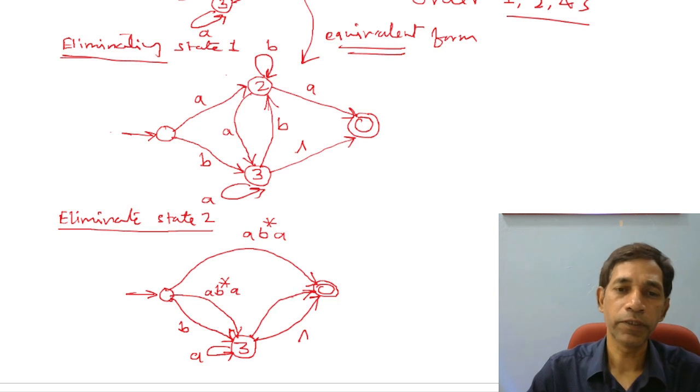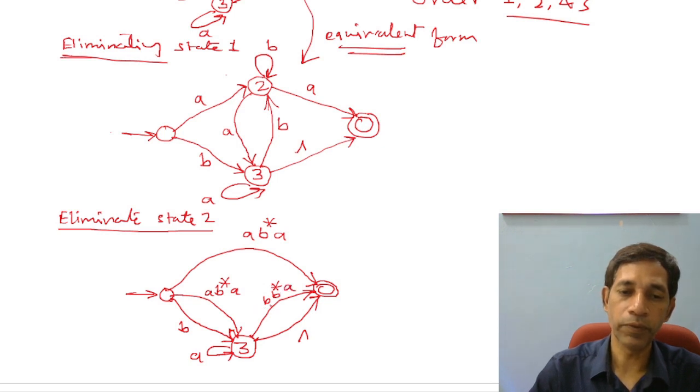What is the label for this? We have the B, then B Kleene star because you have the loop at the state 2, then you are going to the final state for the A. So you are going to concatenate. So we have B B star A from 3 to the final state. Now is there any other possibility?